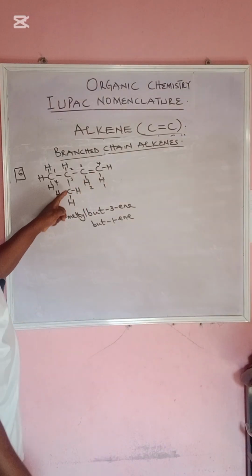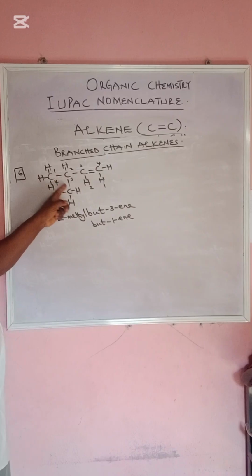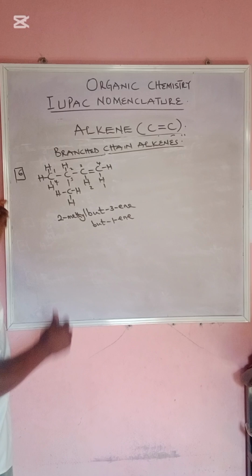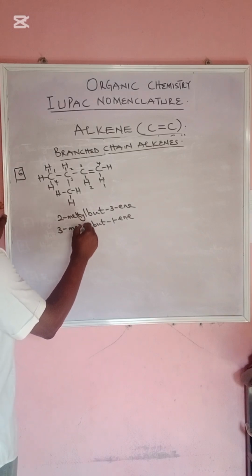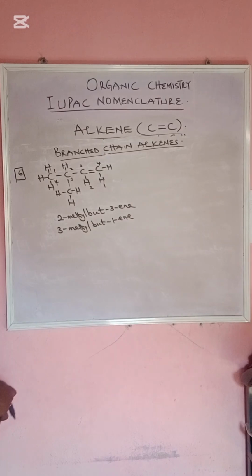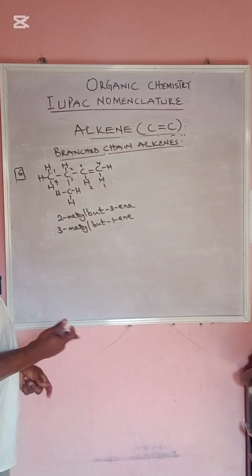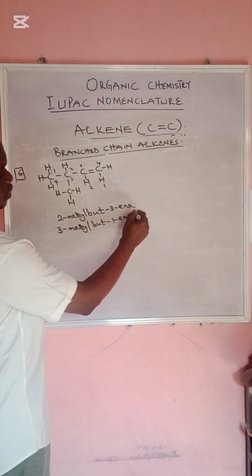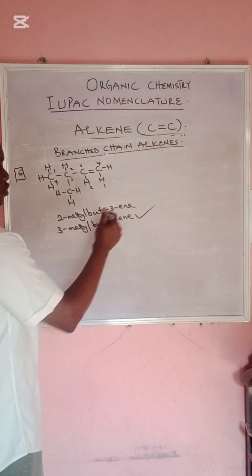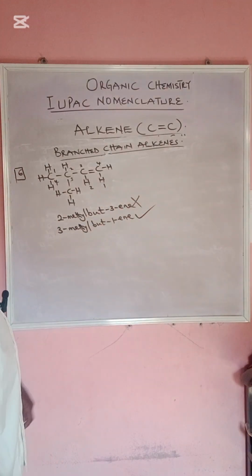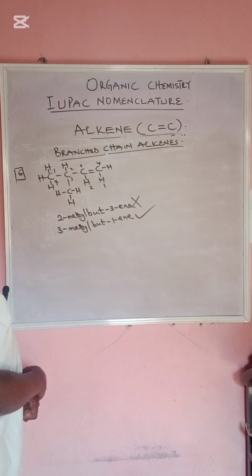The methyl is attached to carbon 3 here, so it will be 3-methylbut-1-ene. Definitely this is the correct answer, because 1 plus 3 is 4 and this one is 5, so this one is wrong. So 3-methylbut-1-ene. That is what we have.